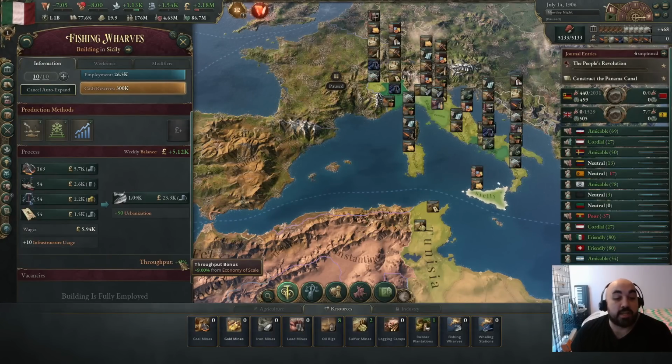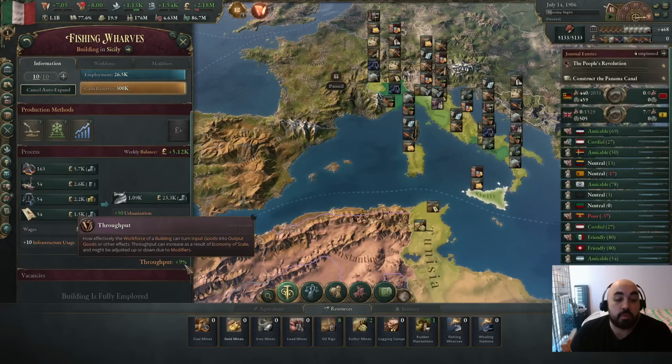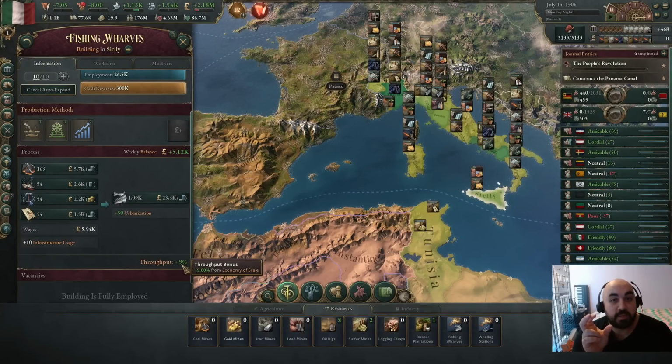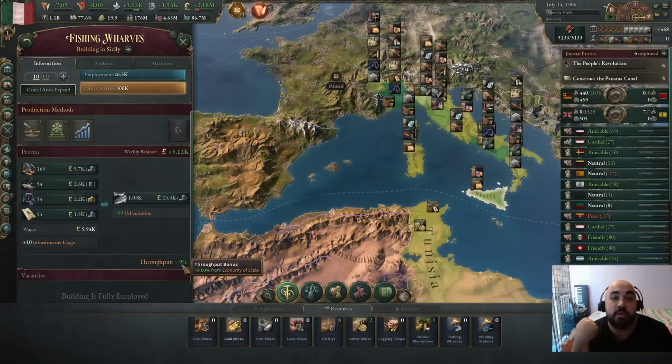As we build, for example, the sixth building, we will have a throughput bonus of 105%, right? The building itself will be 105% because the new throughput bonus is 105%, but it will also give an additional 1% to the previous 5 buildings built because it's the sixth building. So it will actually be worth 110% of a building.